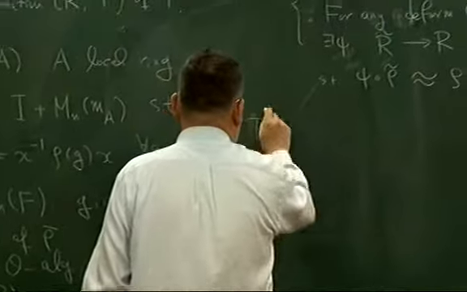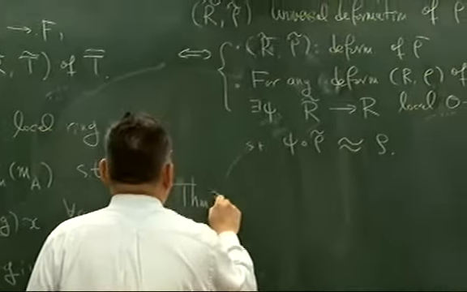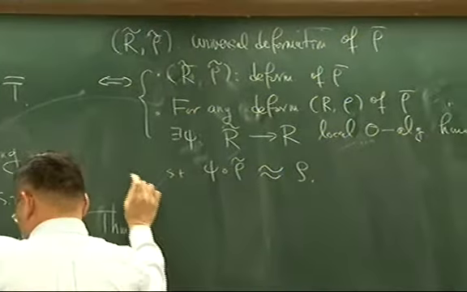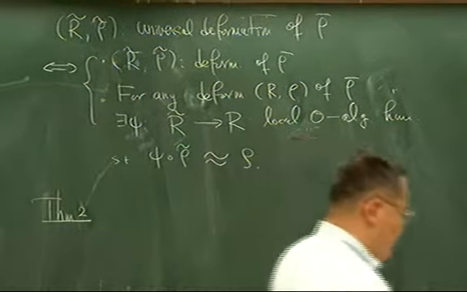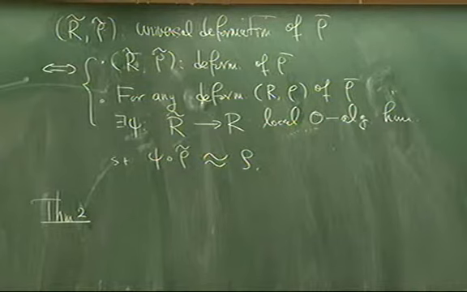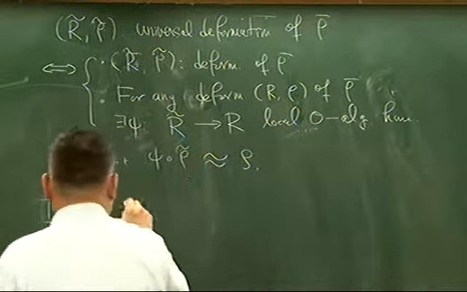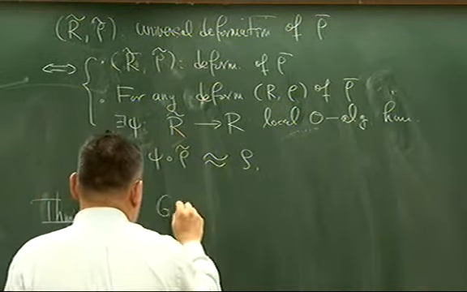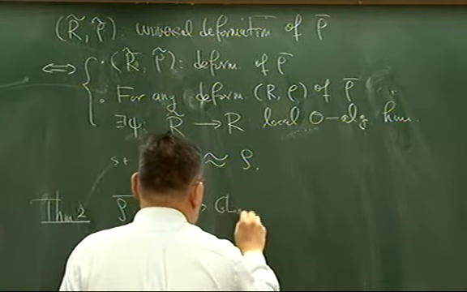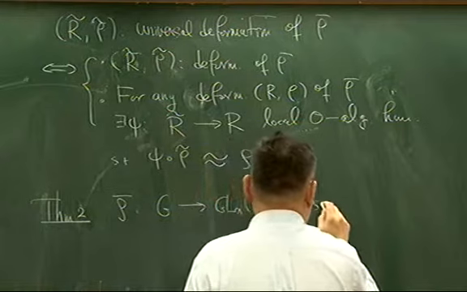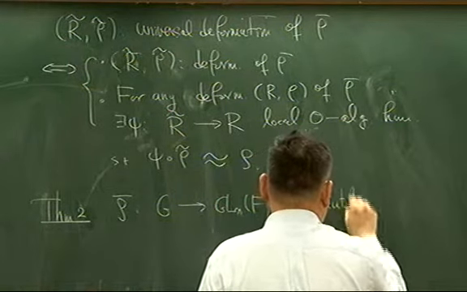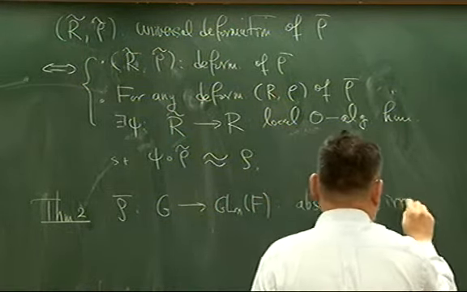Then we have the following theorem. This theorem connects the deformation with the pseudo representation. Suppose rho bar is a residual representation which is absolutely irreducible.